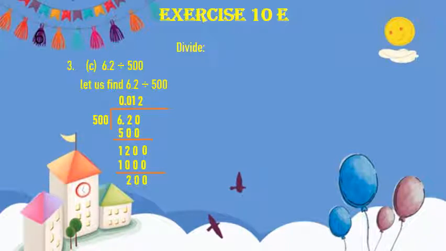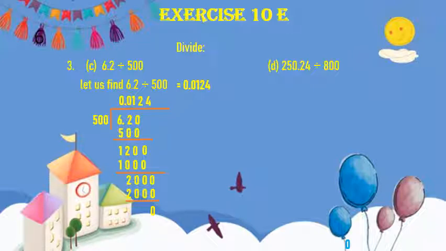It will be 200. So again we will add 0 and now 2000 divided by 500. So 500 fours are 2000. So here in the quotient we will write 4 and now 2000 subtracted from 2000 gives 0 as remainder. So our answer is 0.0124, right?